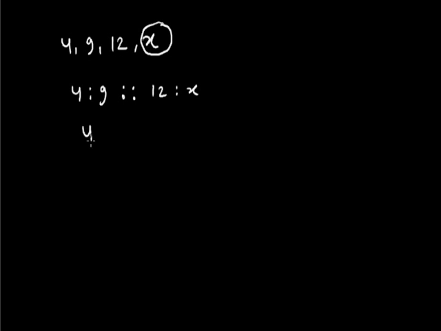4 ratio 9 can be written as 4 divided by 9 in fractional form, while 12 ratio x can be written as 12 divided by x in the fractional form. And if they are in proportion, then their fractional representations must have equal values. That's why 4 divided by 9 is equal to 12 divided by x.